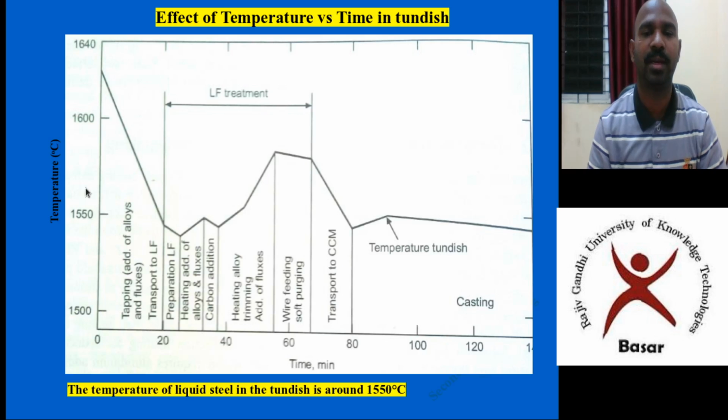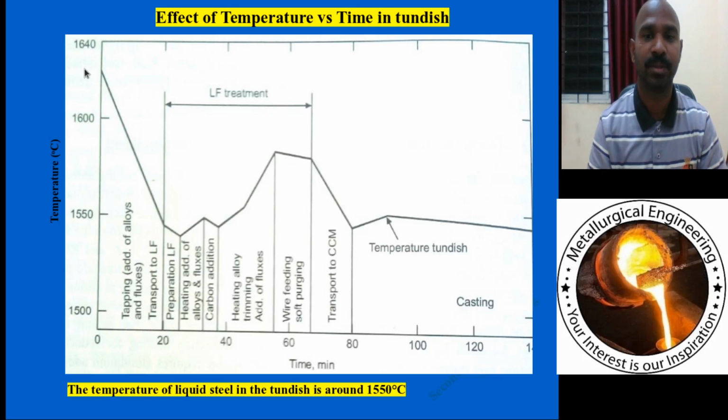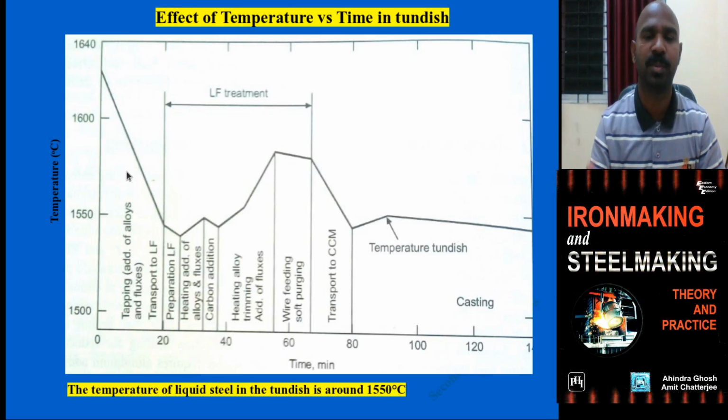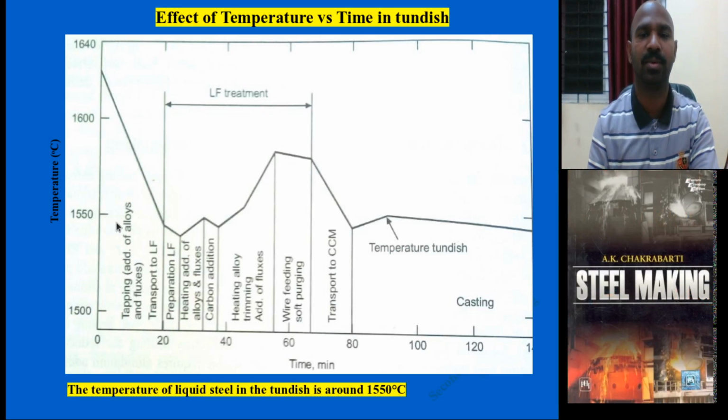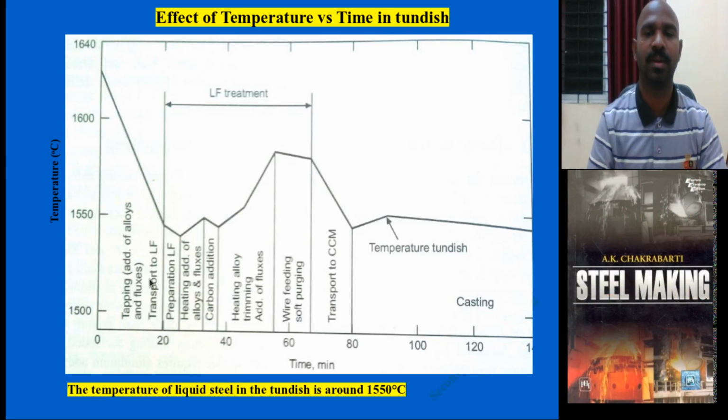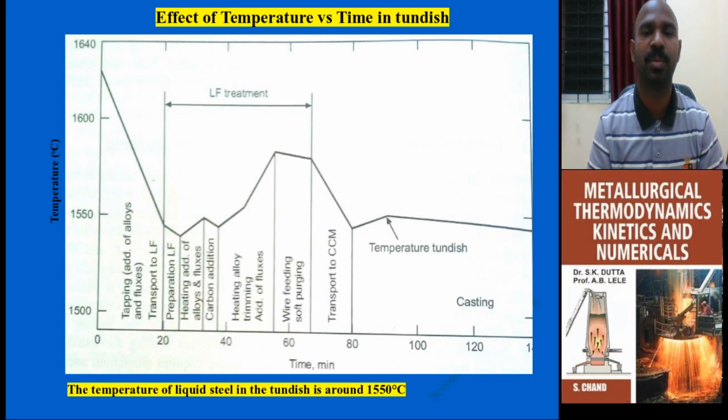For example, just after the liquid steel is poured from the ladle, the temperature is around 1620 degrees Celsius. As you mix the alloys and the fluxes, the temperature drops down to 1540, and to increase the temperature again you use the ladle furnace. The ladle is connected to the ladle furnace, and the ladle is kept in the ladle furnace.